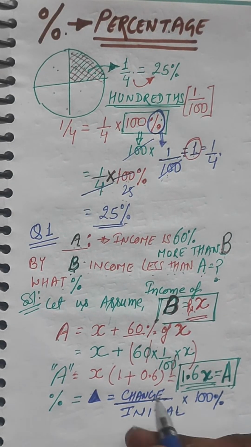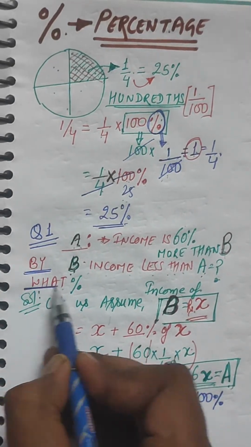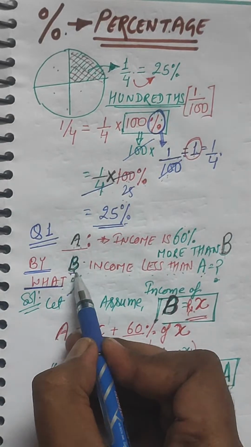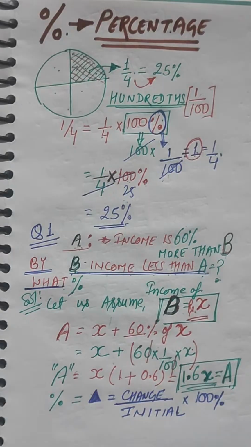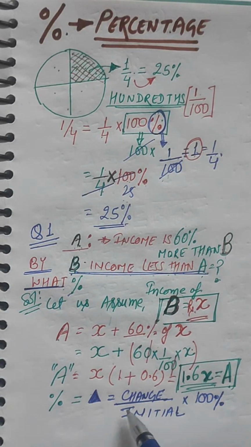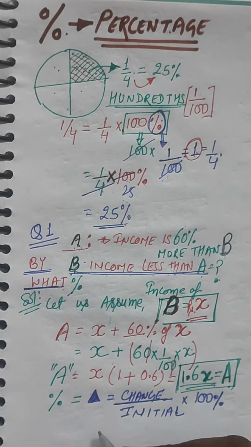Now, what is the change? The question is that by what percent B income less than A? Read the question again. So B income is less than A by the change, right? That means delta.